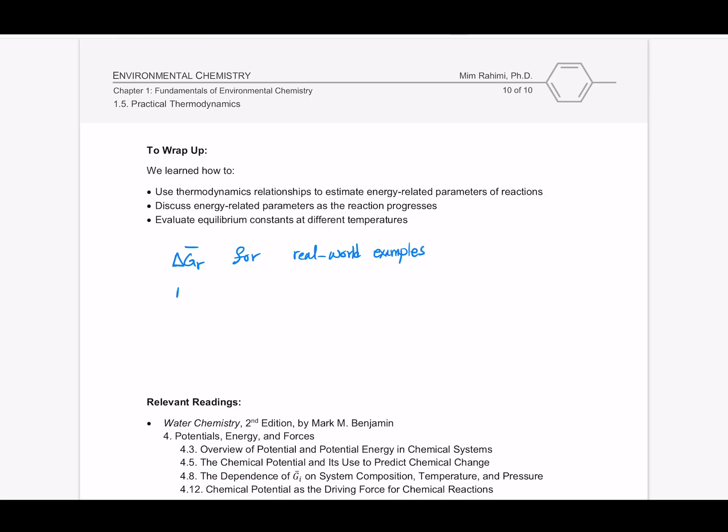Then we talked about how delta G R changes at different reaction progresses, or different epsilons. And at the end, we looked at the equilibrium constant as a function of different temperature and introduced the concept of the Van 't Hoff equation, a pretty straightforward relationship to calculate K at different temperatures.